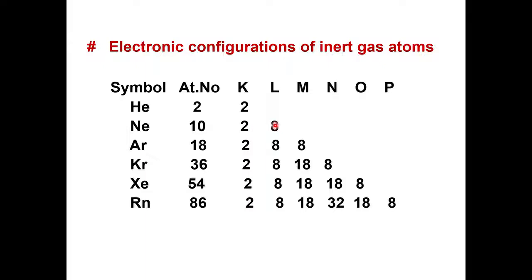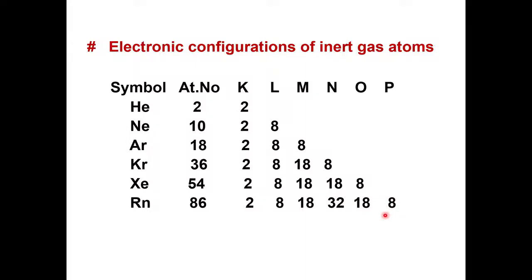Argon has 18 electrons, arranged 2 in K, 8 in L, 8 in M shell. Similarly, krypton 2, 8, 18, 8.